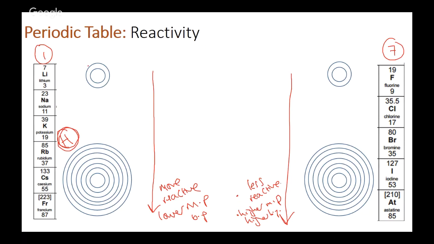To turn into an ion, these alkali metals will want to lose an electron. So where they have one electron in its outer shell, they will want to lose that electron. If you remember, in the middle of the atom, you have a nucleus with protons and neutrons.